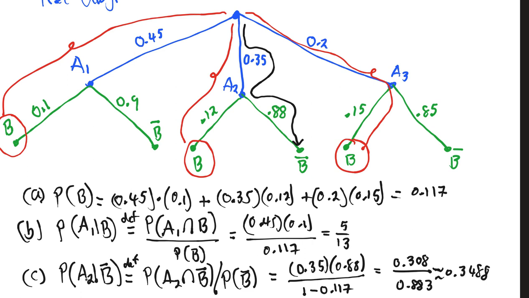And again, the analogy is what the Venn diagram did for us when we essentially just had one layer of randomness. The tree diagram does the same when we have two or more layers of randomness. So I hope you found that informative, and we'll see you in the next video.